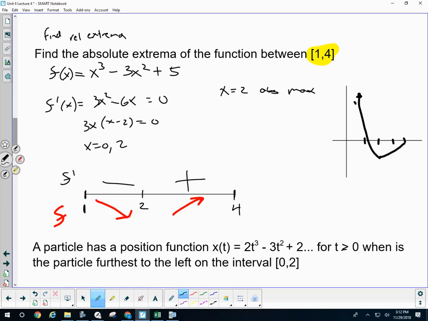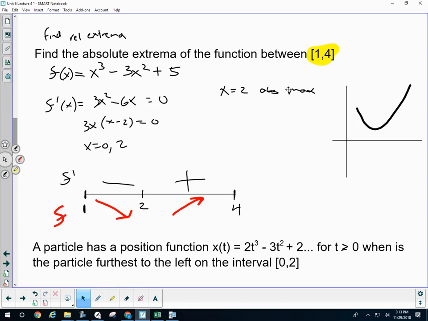So I have my absolute min here, but that's there. Or, again, I could decrease a little bit and increase more. How are you going to tell, Mr. Kaliao, which one is the absolute max? Whichever one has a bigger value.